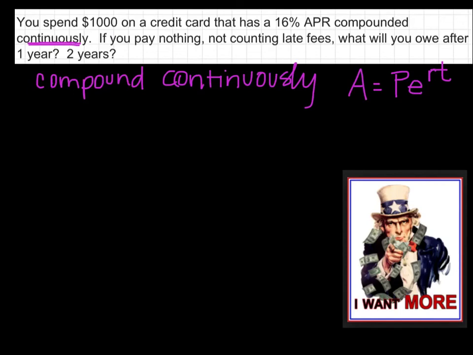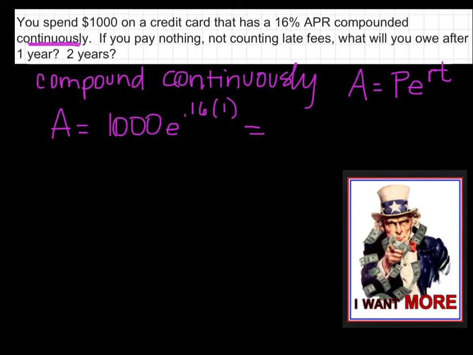If you don't see the word continuously, then you don't use PERT. So we have a principal of 1,000, e to the rate 0.16, and the time is after 1 year.